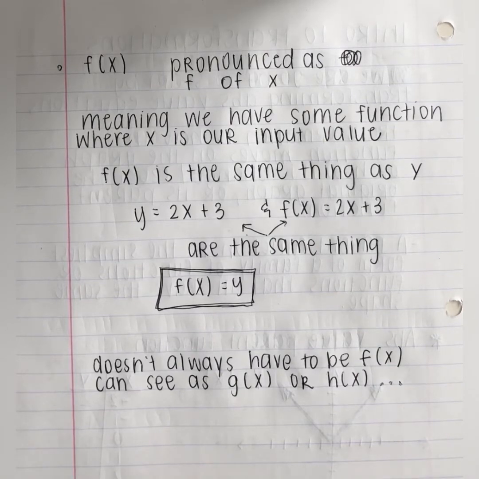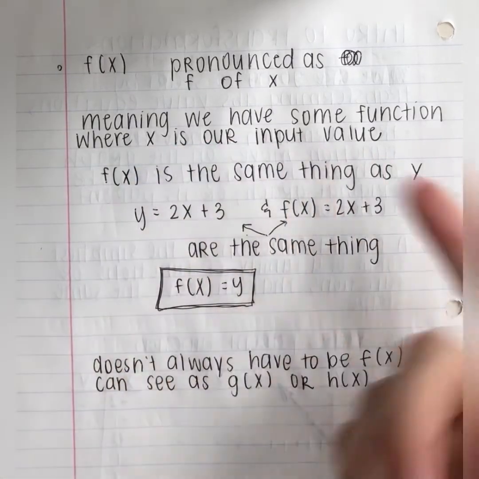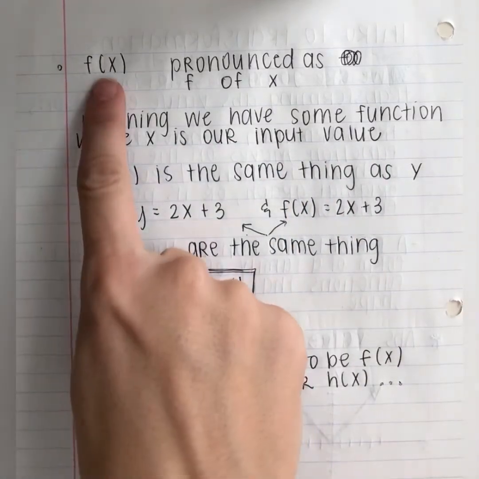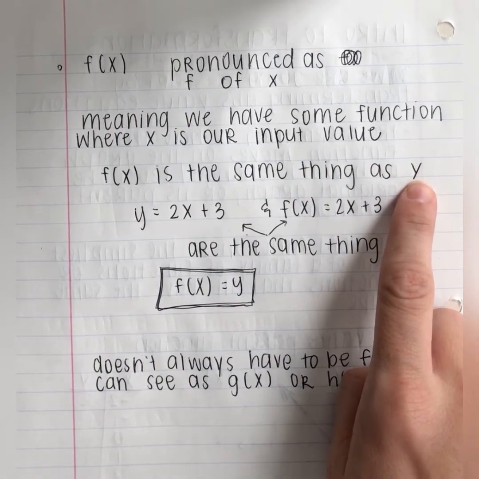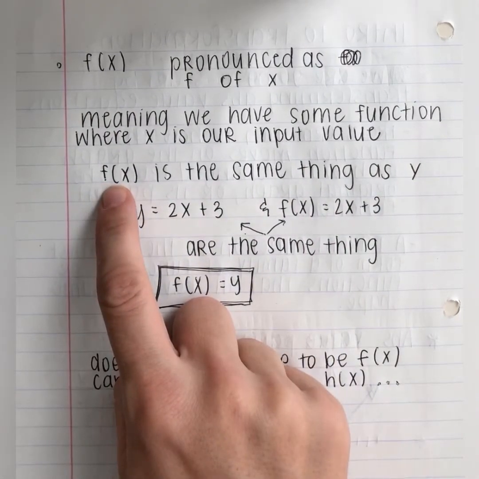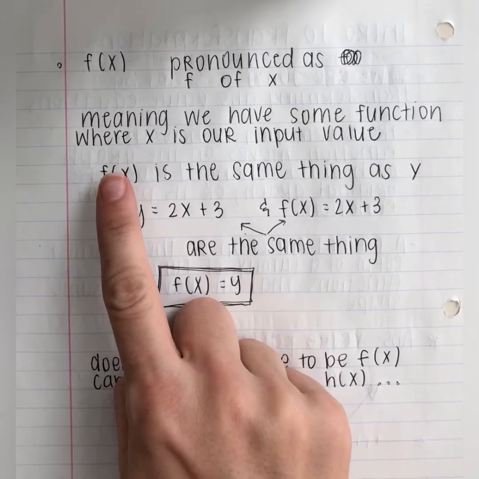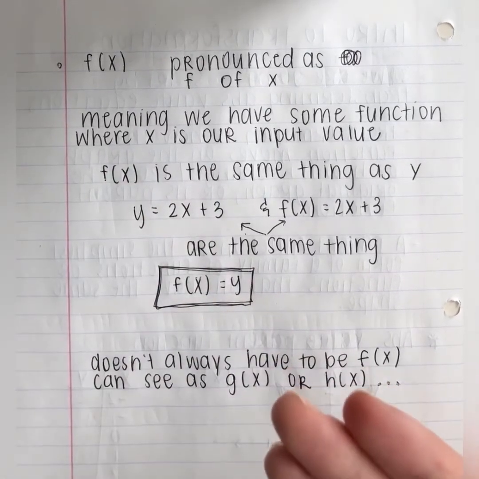A function's basically an equation where your y values don't repeat, okay? Hopefully you remember this from Algebra 1. But we have some function where x is our input value. That's basically what this is telling us. F of x is the same thing as y, okay? They use f of x just to say this is a function of x. X is our input, okay?